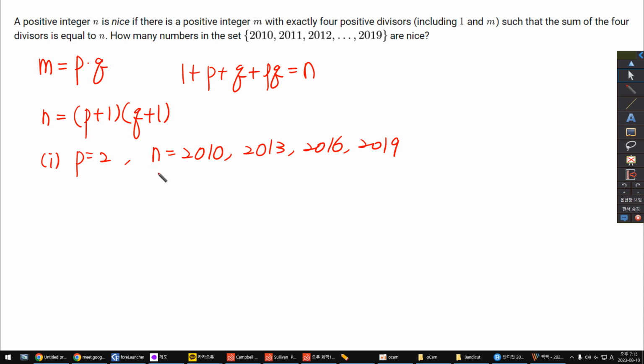So that means if we divide each N by 3, because P plus 1 is 3, the Q plus 1 is this. So that means, because Q should be a prime number, this doesn't make sense because in such case Q is even.